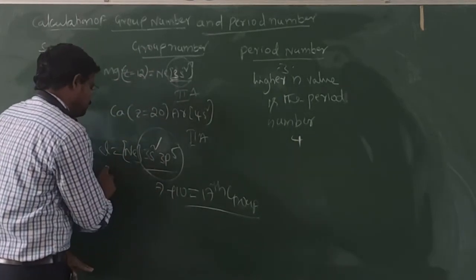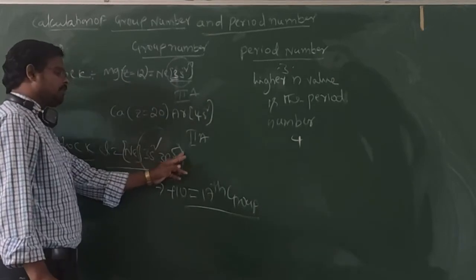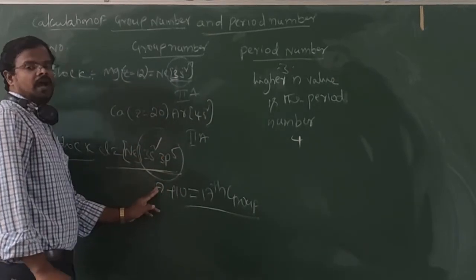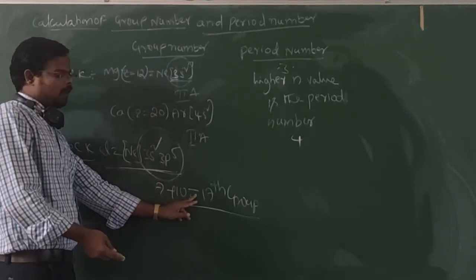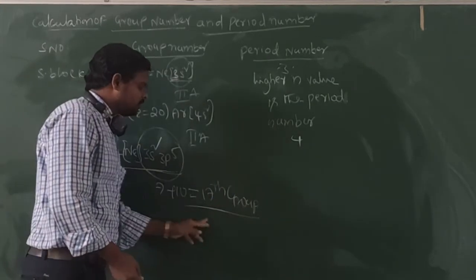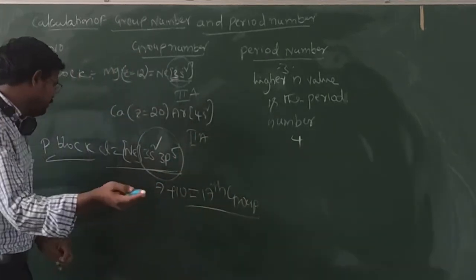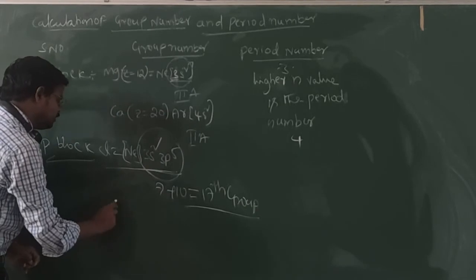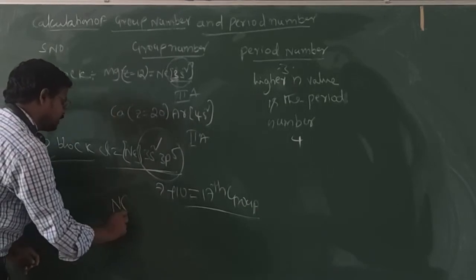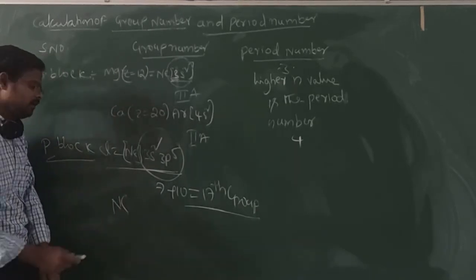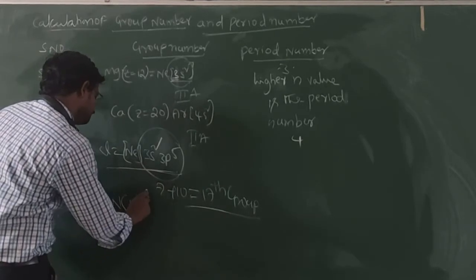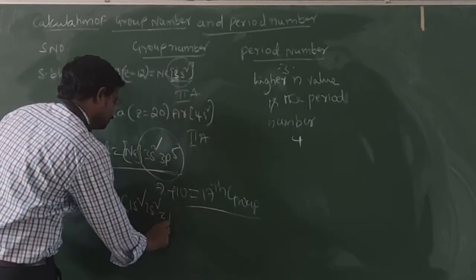In chlorine, the number of valence electrons is 7, and we add 10 for p-block elements, so it is the 17th group. Like that, take one more element, nitrogen. Nitrogen's atomic number is 7, so its configuration is 1s2, 2s2, 2p3.